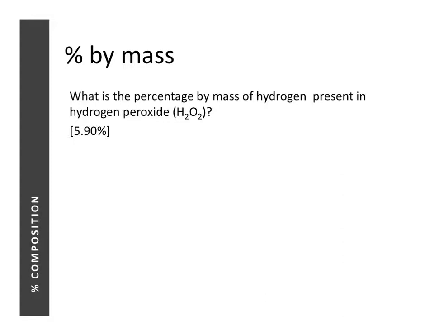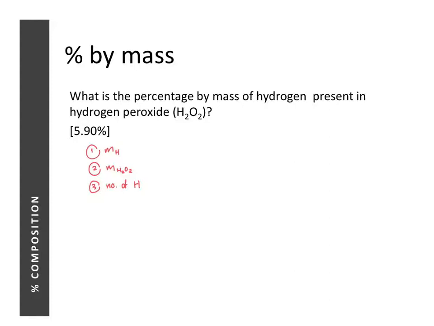Okay, so to recap, we need to find 3 things. We need to find the mass of the part. The part now is your hydrogen. Okay, we need to find the mass of the whole thing. The whole thing is your hydrogen peroxide. And then we need to find the number of your parts, which is your number of hydrogens in the whole.